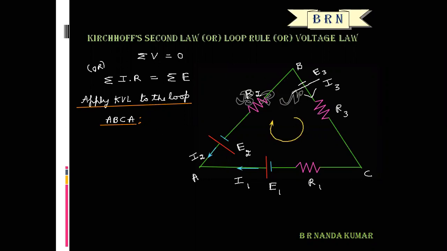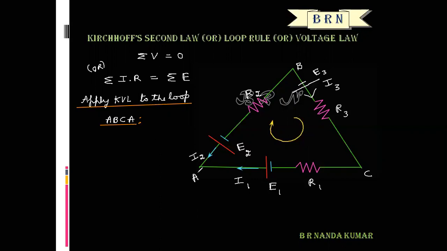In a mesh of an electrical network, the algebraic sum of the product of current and resistance in different branches of the circuit is exactly equal to the algebraic sum of EMFs in the mesh.